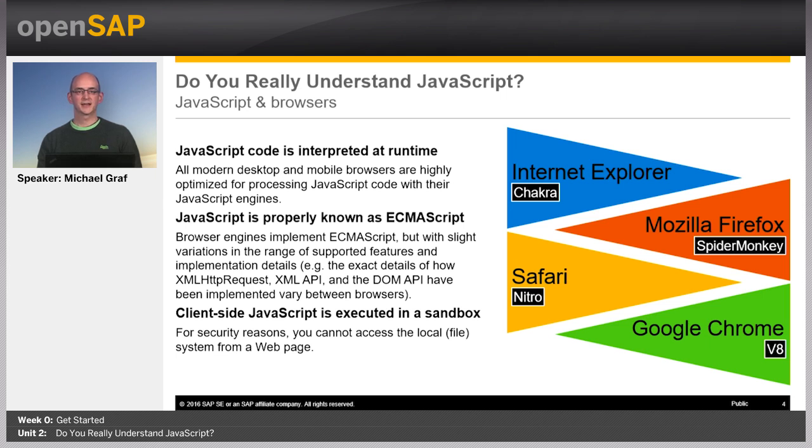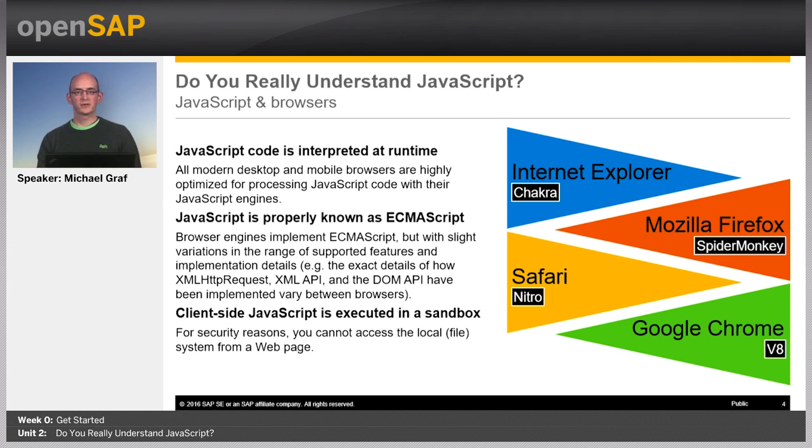This use case, client-side scripting, is what we focus on during this course to create web apps. Our JavaScript code is interpreted at runtime when the user calls the page. Each browser, however, has its own implementation of the JavaScript engine that is highly optimized for processing JavaScript code. There's also an HTML and CSS engine, and mobile devices are typically a little bit slower than desktop PCs.